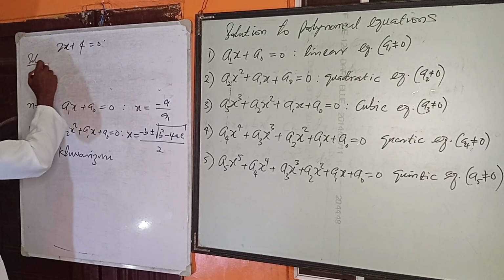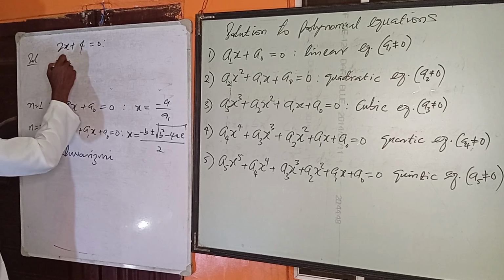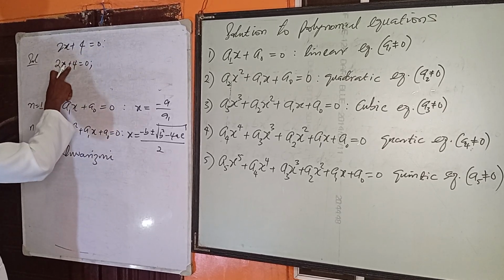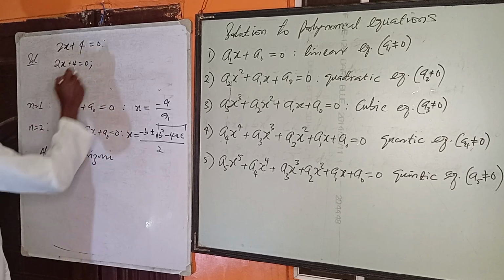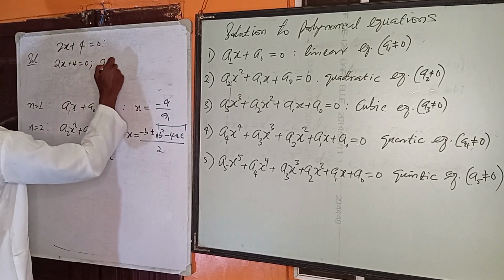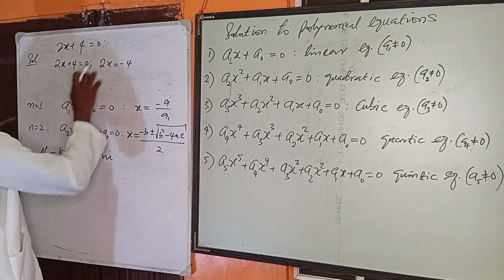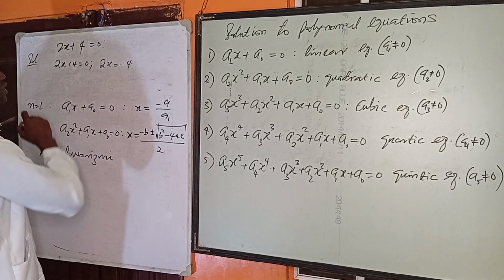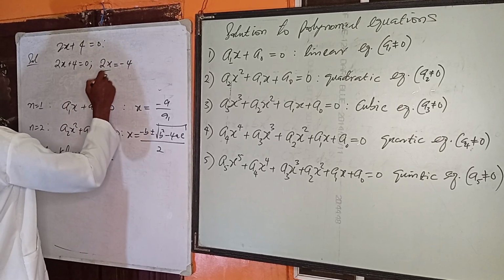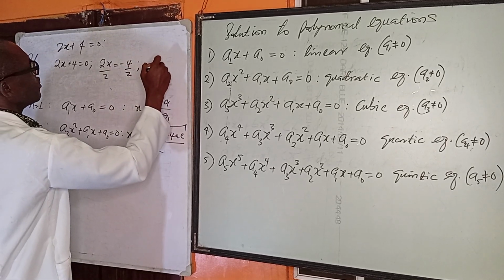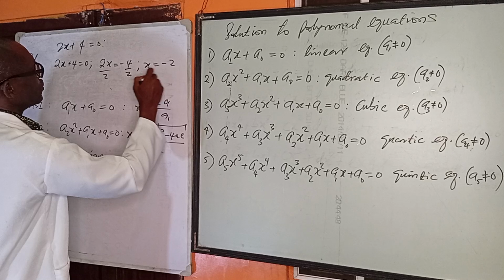2x plus 4 equals 0. If I move plus 4 to the other side of the equation, I have 2x is equal to minus 4. So in order to make x the subject of the formula, I divide both sides by 2. If I do that, I have x equals minus 2.